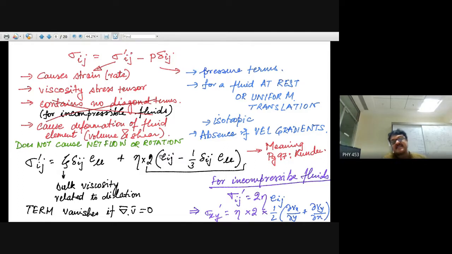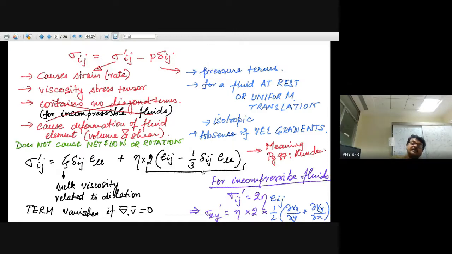So if you took the trace, or you summed up the diagonal elements which contribute to the volume change for this part, the sum of the diagonal elements equals 0. So this part is not related to the volume change.